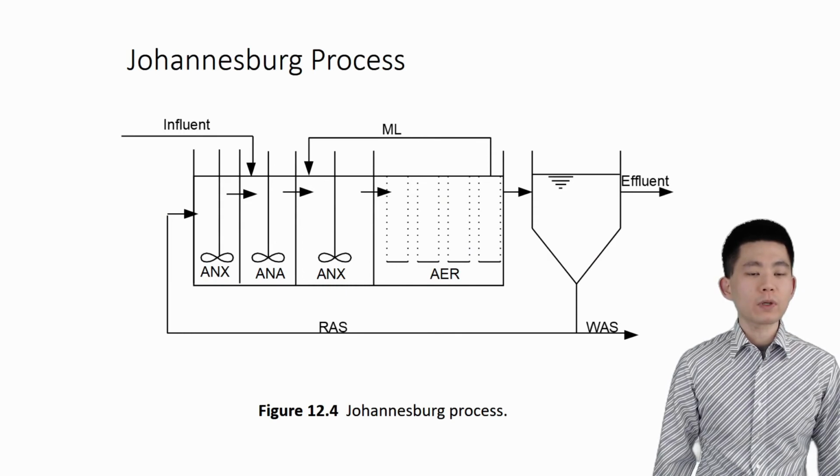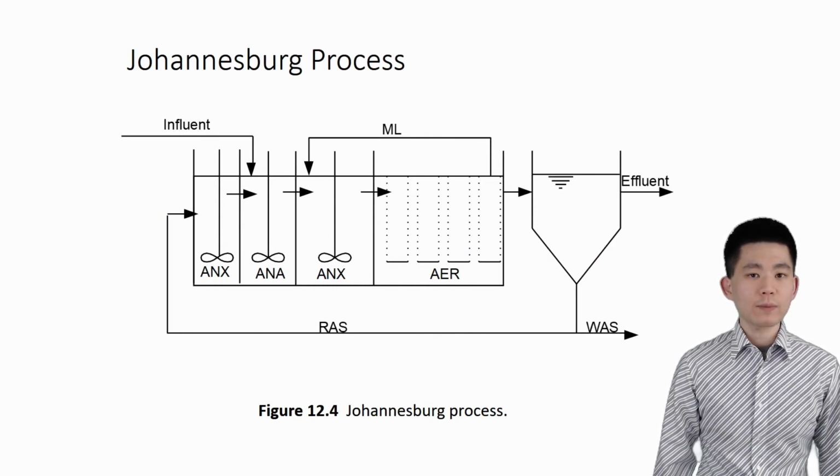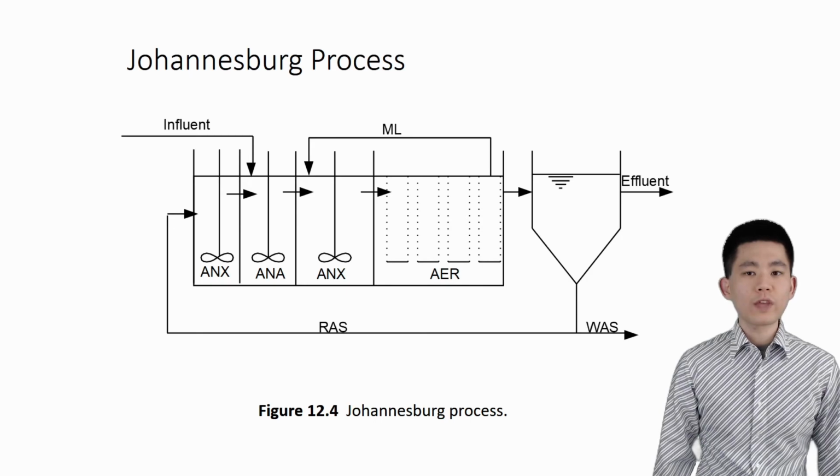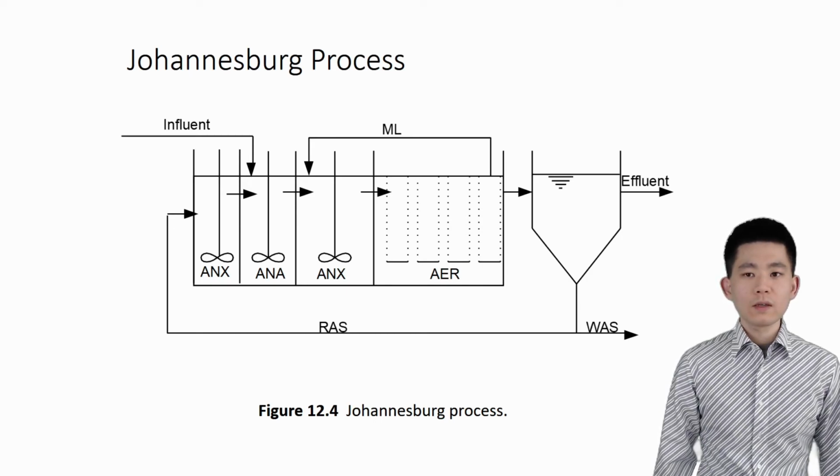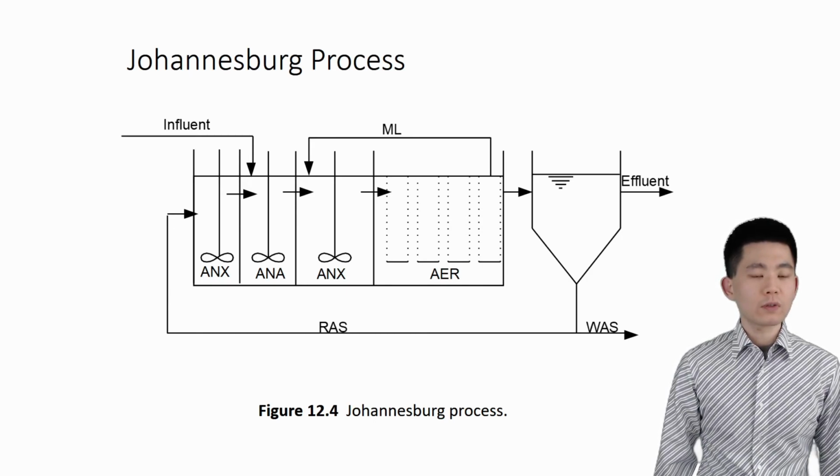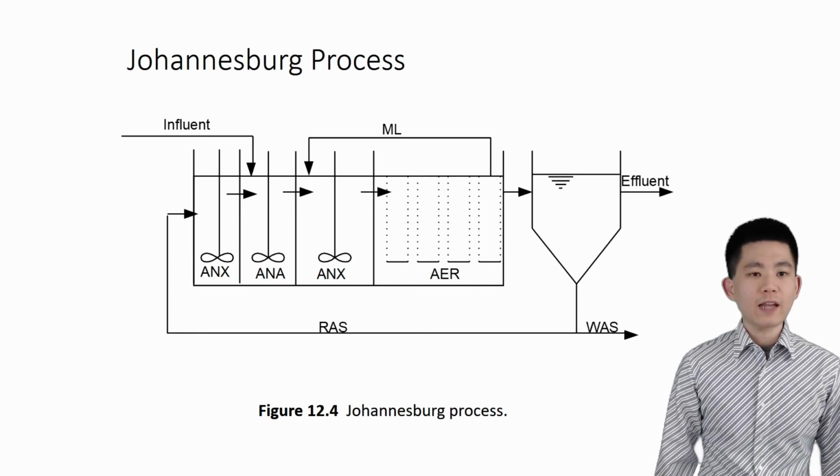The Johannesburg process has a similar concept as the UCT or VIP processes. The nitrate in the recirculation flow is first removed before entering the anaerobic zone, ensuring a high phosphorus removal rate. It achieves this by adding an additional anoxic zone before the anaerobic zone.